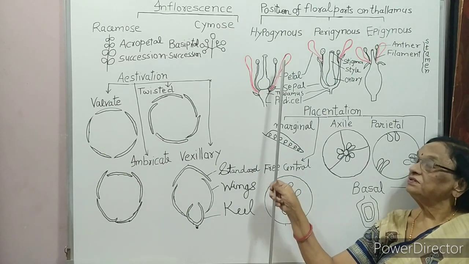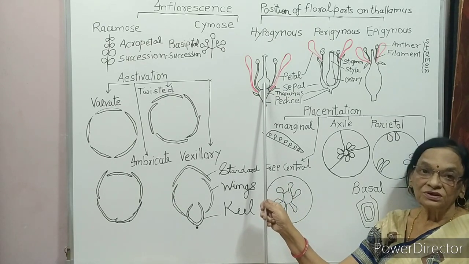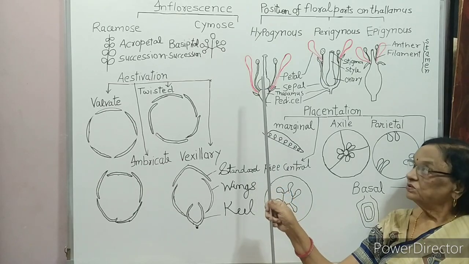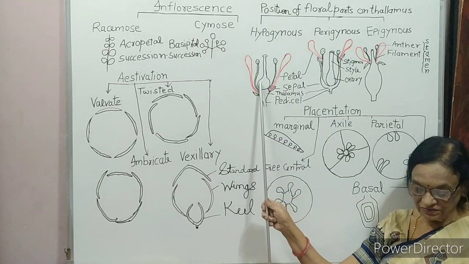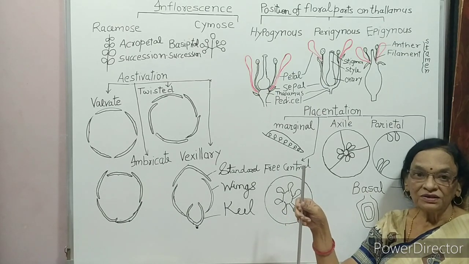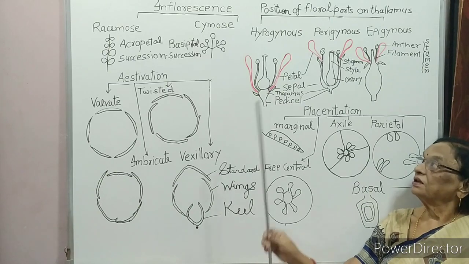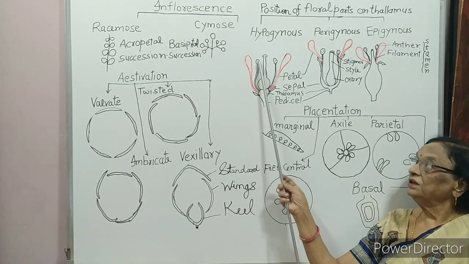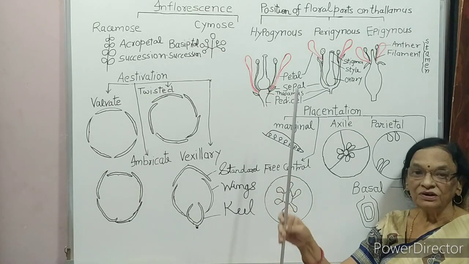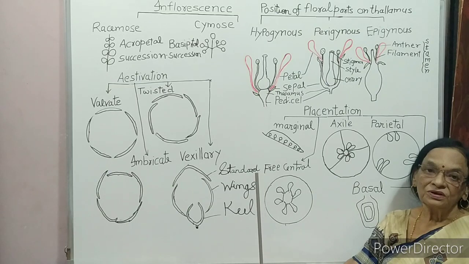This is a bisexual flower because it has both gynoecium and androecium. Unisexual means having either stamen or carpel. Flowers having only stamen or only carpel are called unisexual.